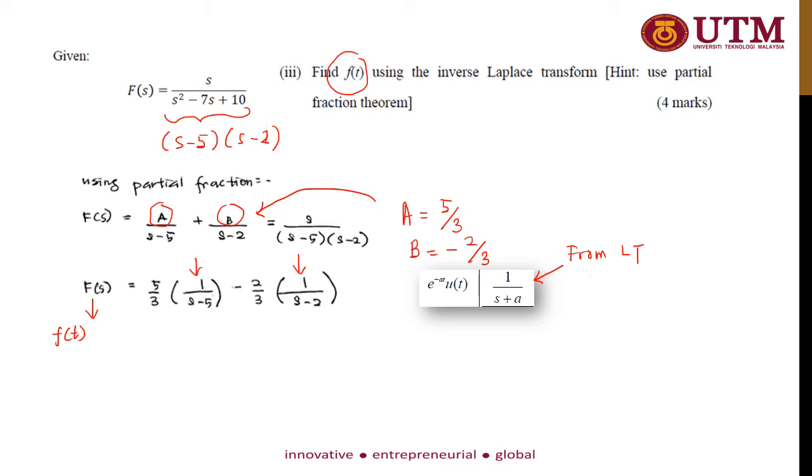In this case, 1 over s minus 5 is equal to 1 over s plus (minus 5). Therefore, you know your a equals minus 5 for the first component, while in the second component, a2 equals minus 2.